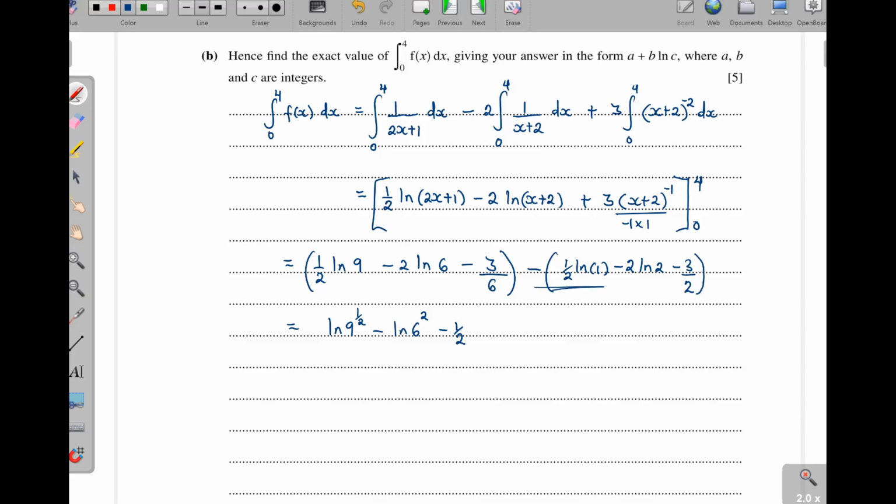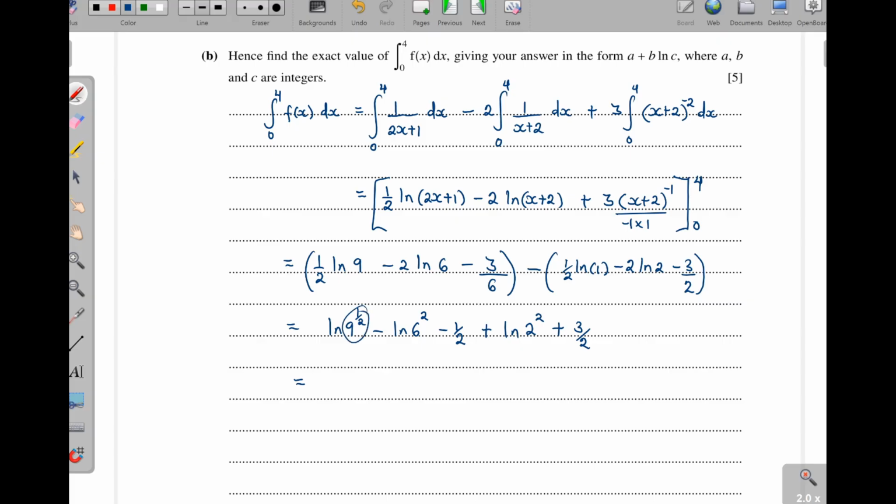Then when I open the brackets here, of course, this one is a 0. So a negative and a negative will be a positive. So I'll have a positive natural log of 2 to the power of 2 when this one goes up here. Then a negative and a negative becomes a positive.